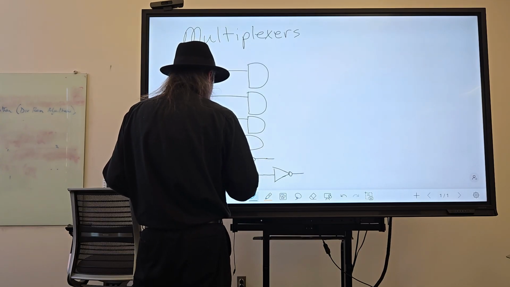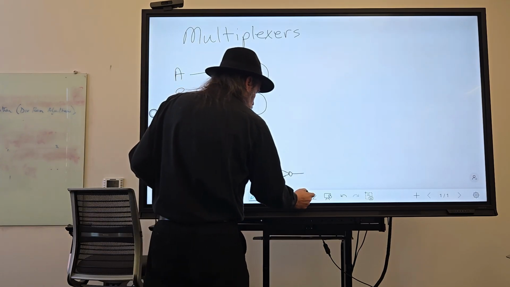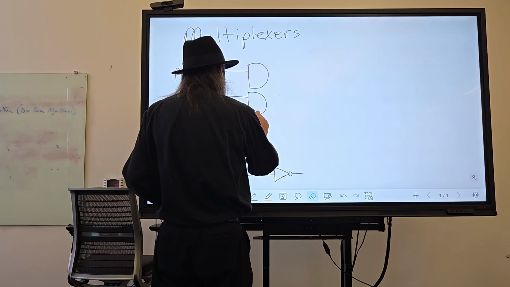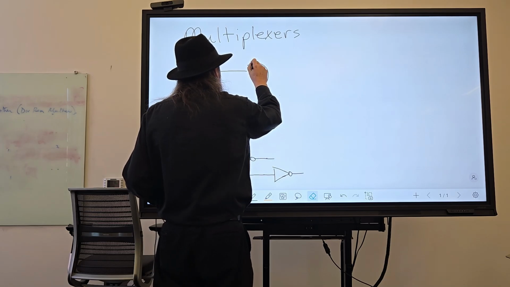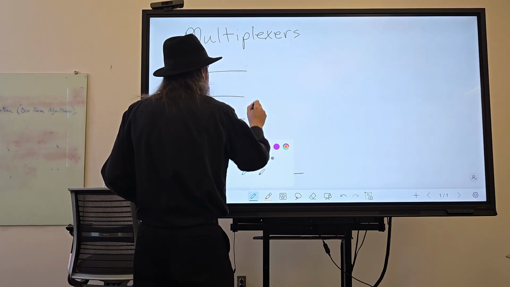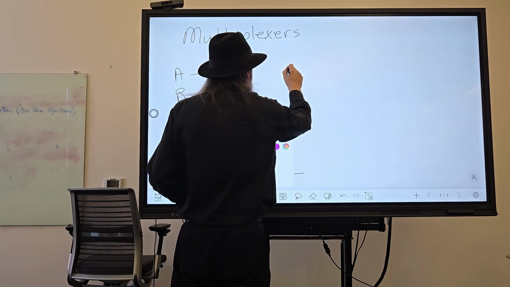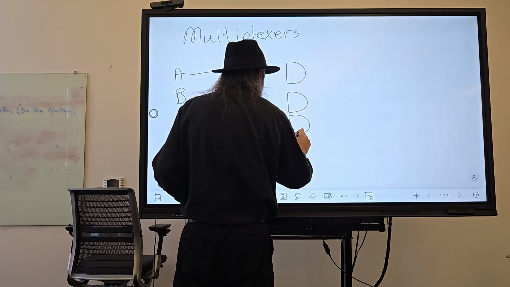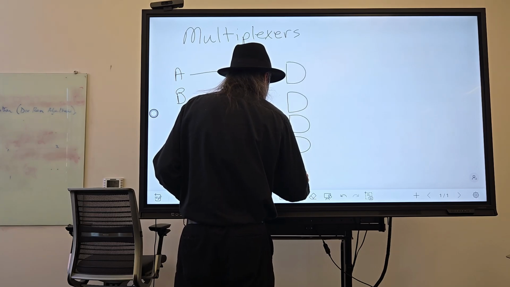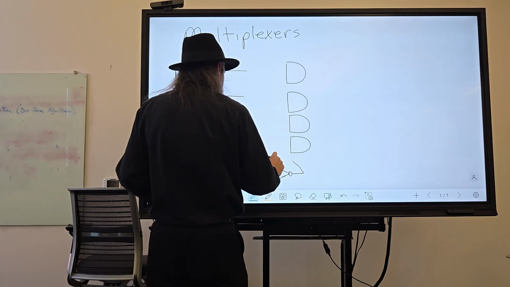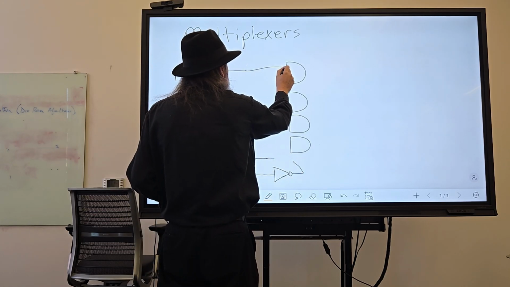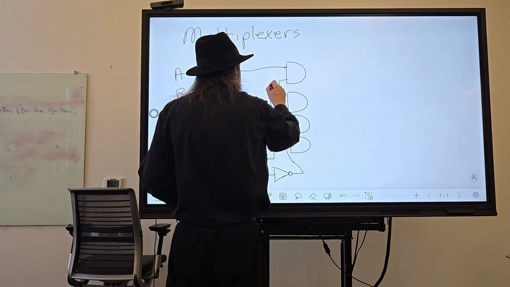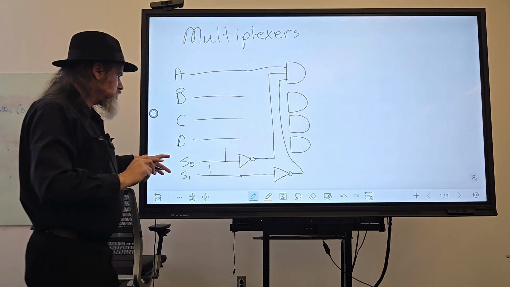So let me adjust this a little bit. So you would have A ANDed with the inverse of each input.